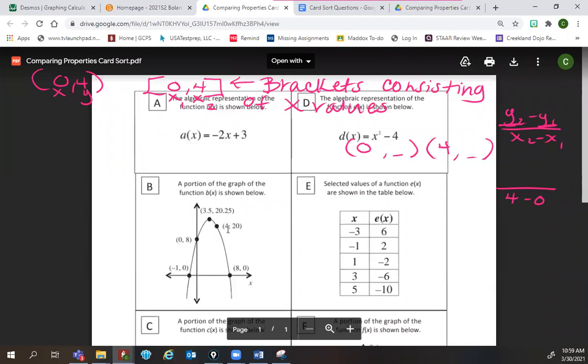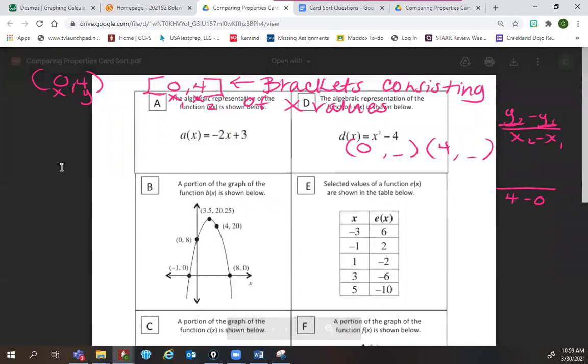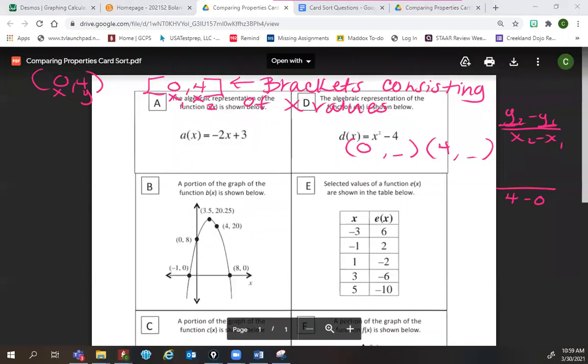Okay, so I'm going to quickly show you some examples. All right, if I wanted to find the average rate of change, remember all the intervals are going to be 0 and 4, right? Because that's what they gave us. So look at card B. If I was trying to find the average rate of change for card B, I would just look where?